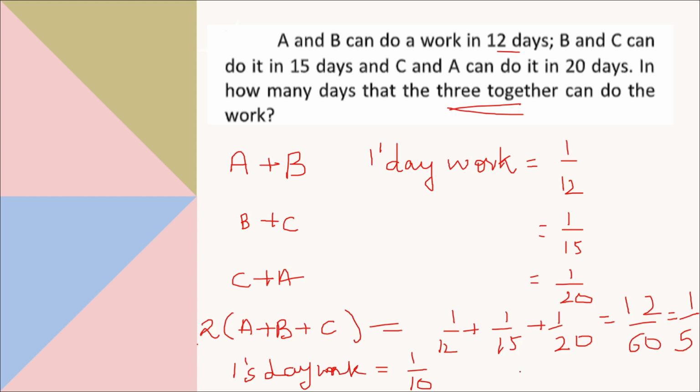Therefore A, B and C together will complete the work in 10 days. So 10 days is my answer. Okay, so in this way you can solve the examples, right?